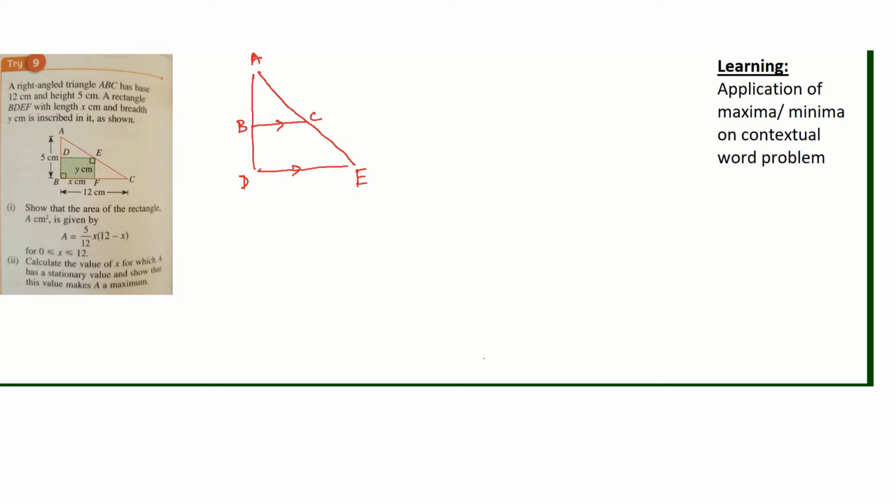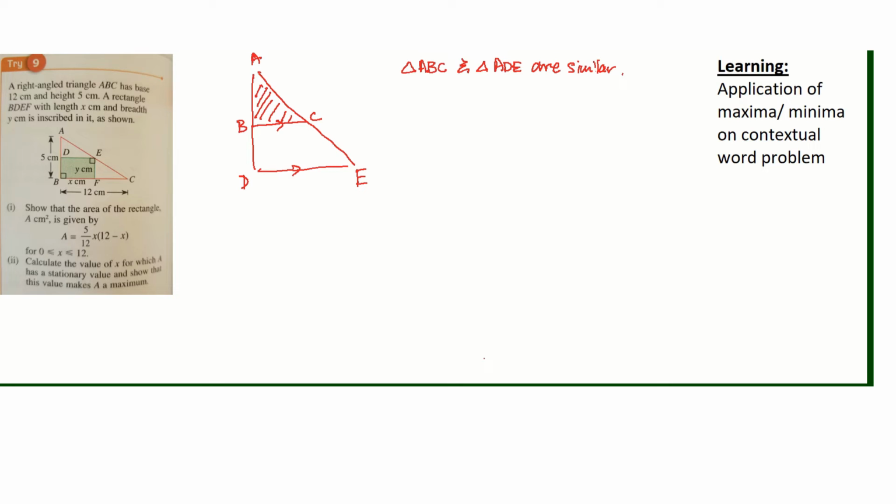So what can I say about this smaller triangle ABC and the entire big triangle ADE? I'm sure many of you would agree that triangle ABC and triangle ADE are similar. Now, since they are similar, that means the proportion of the sides are equal as well.